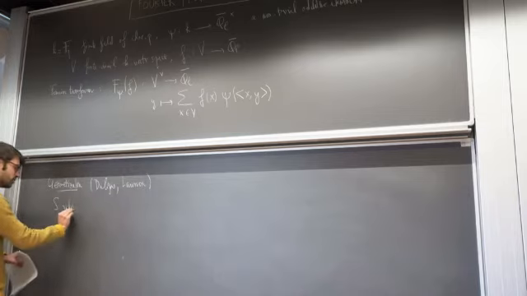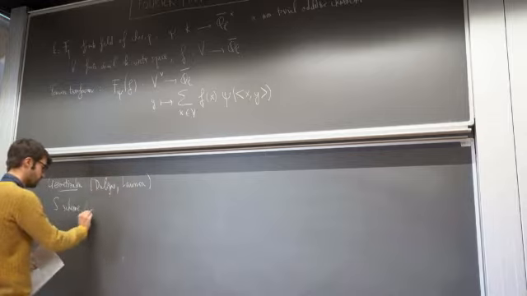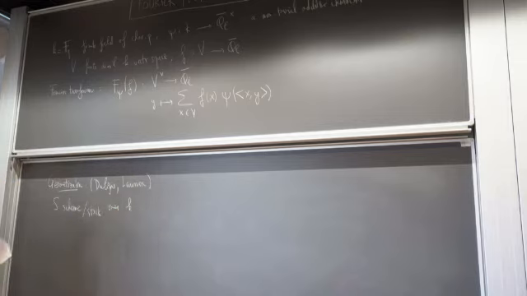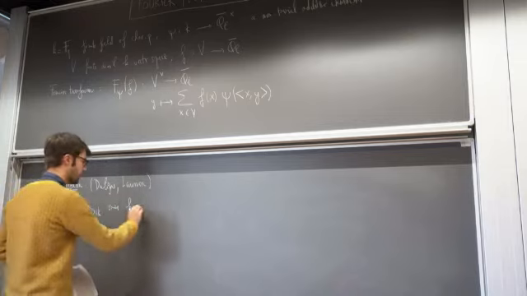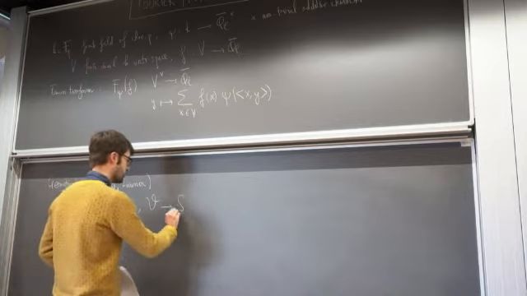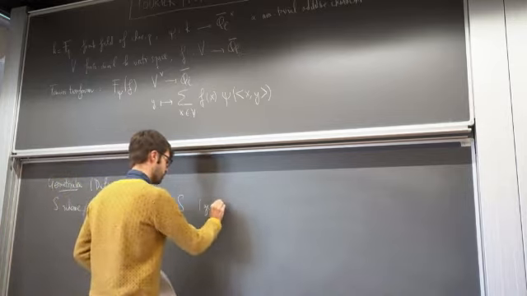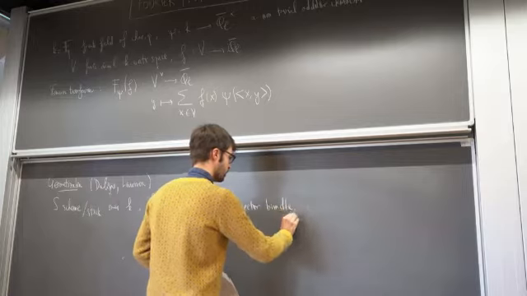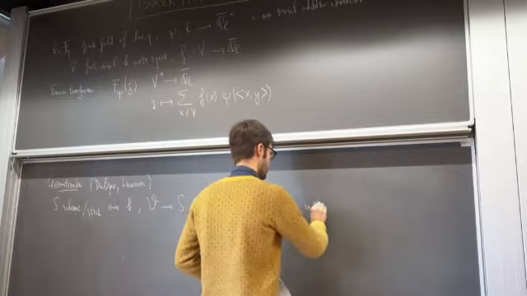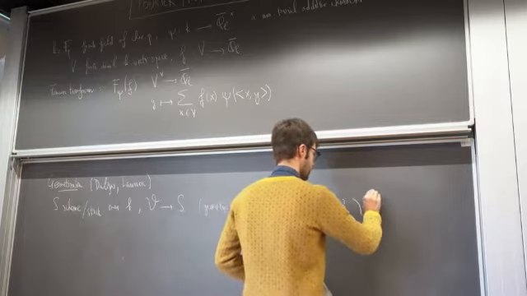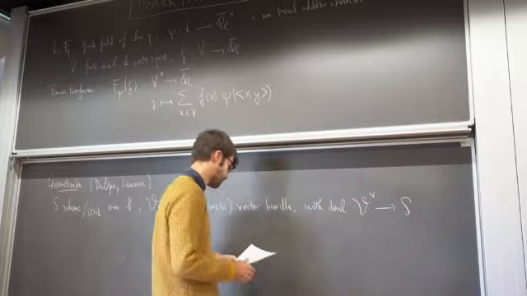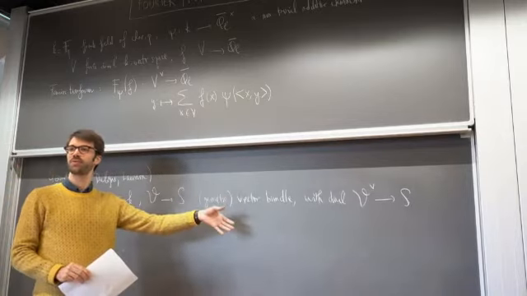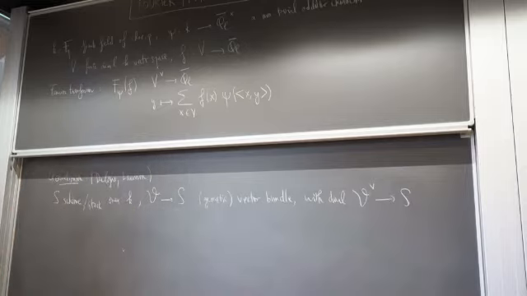So let S be a scheme, or more generally it can even be a stack over my finite field K. And let V over S be a geometric vector bundle, with dual V dual. By this I just mean the geometric realization, the total space of the finite locally free sheaf.